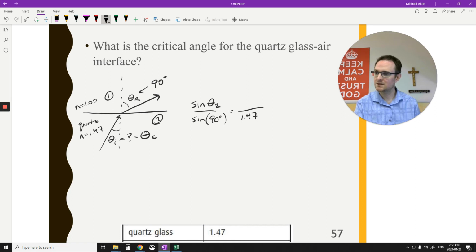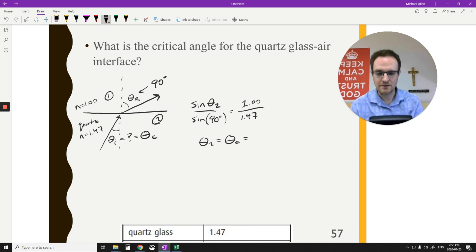I'm going to put N1 on the top. Then we're looking for sine theta 2, which we'll call the critical angle. Okay, let's figure out what it is. So sine 90, if you know anything about trig, sine 90 is 1, divided by 1.47, and then take the sine inverse.